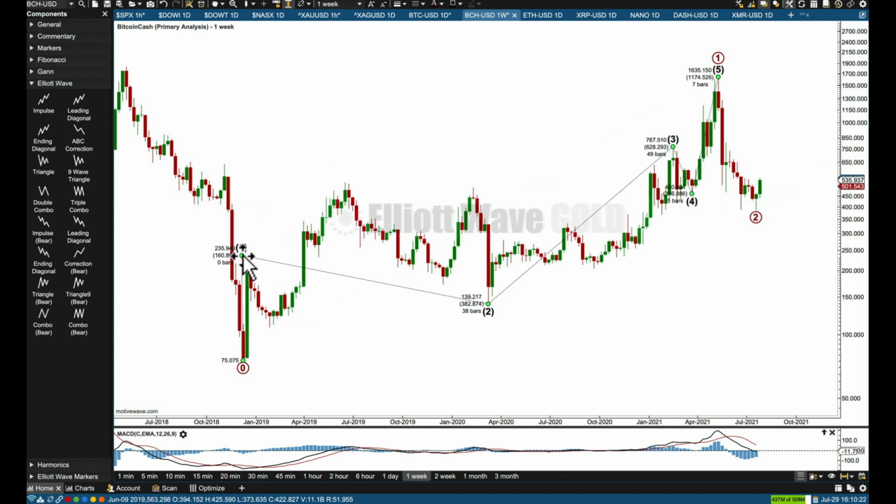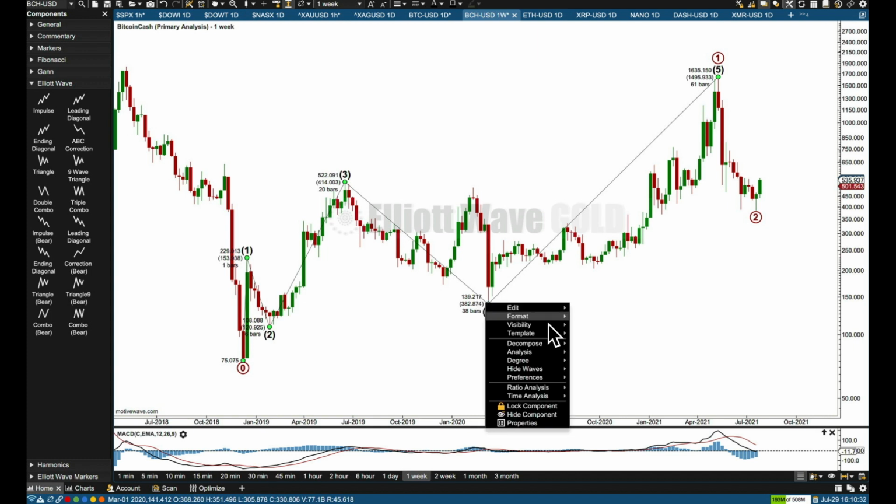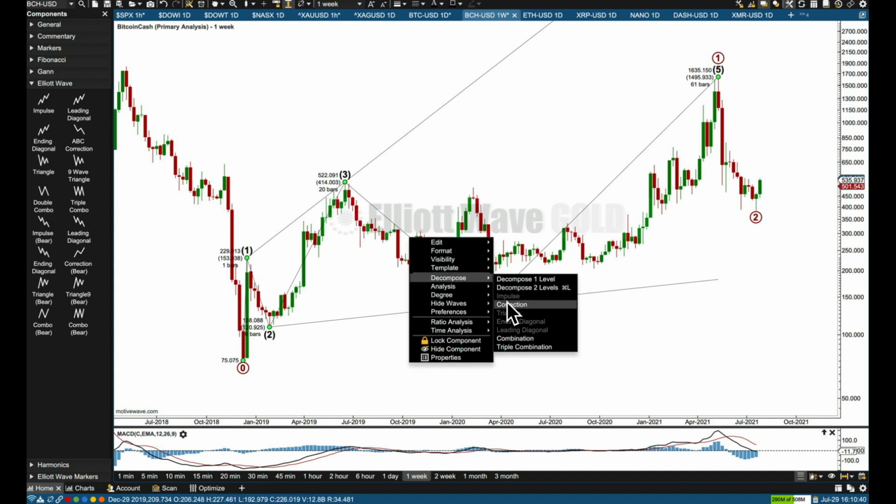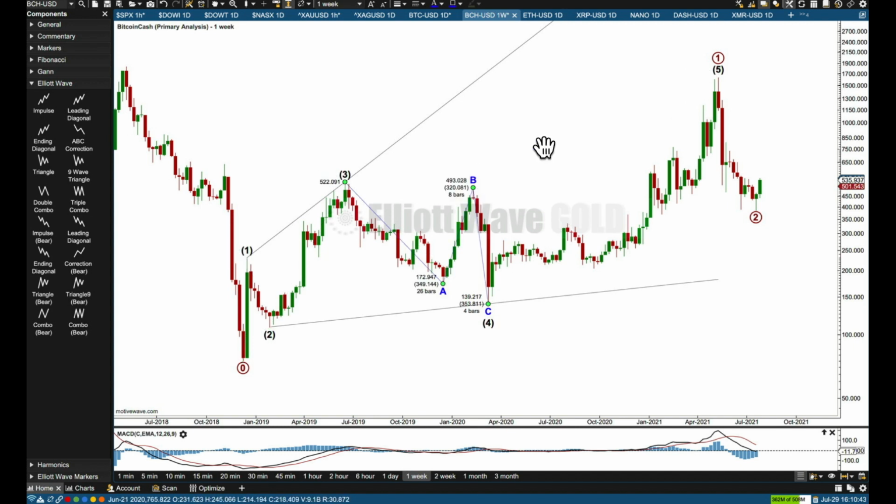Just in case anyone watching is wondering why I'm allowing for an overlap between 4 and 1, within a diagonal, 4 must overlap 1. That looks okay. Oh, let's just check 4. It has to be a zigzag. 2 and 4 within diagonals must be zigzags. Is B? Yeah.